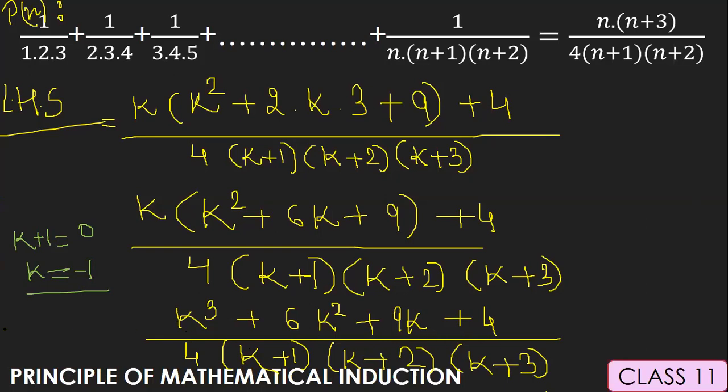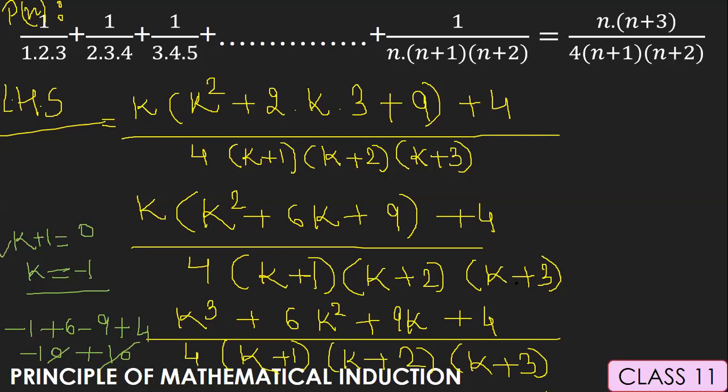Cube of minus 1 is minus 1, plus 6 into square of minus 1, which is 1, plus 9 into minus 1, that would be minus 9, plus 4. So here you would get minus 1 plus minus 9 is minus 10, plus 6 plus 4 is 10. So 10 minus 10 is 0. That means k plus 1 is a factor.